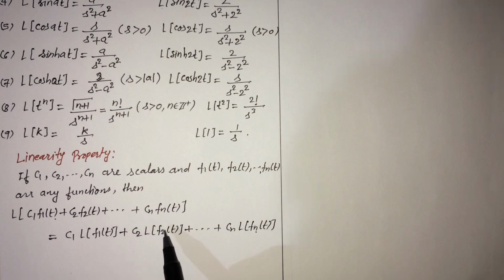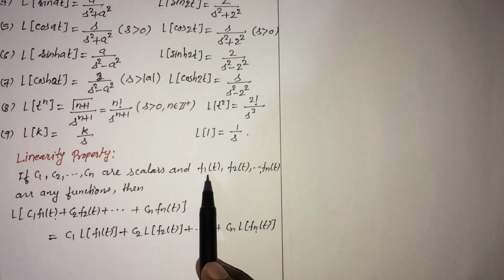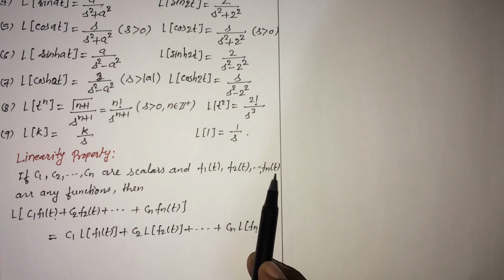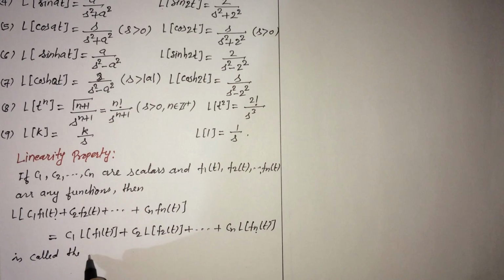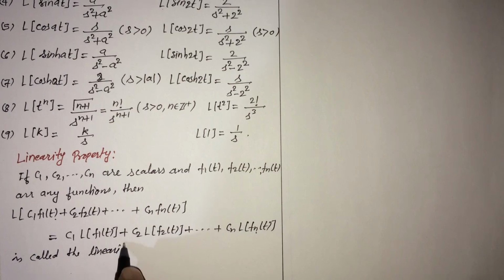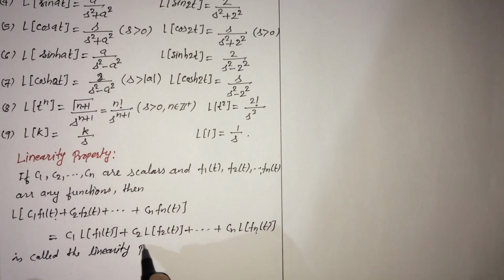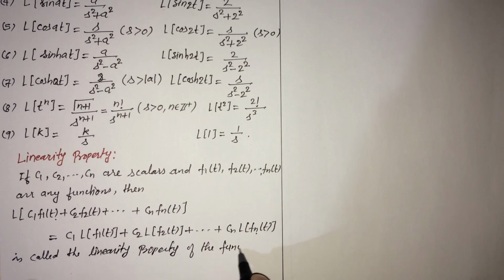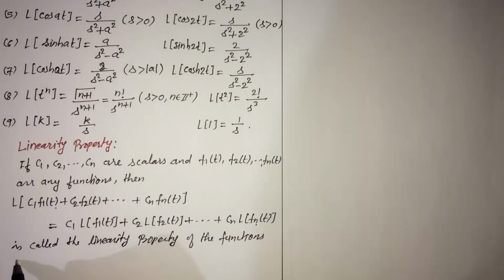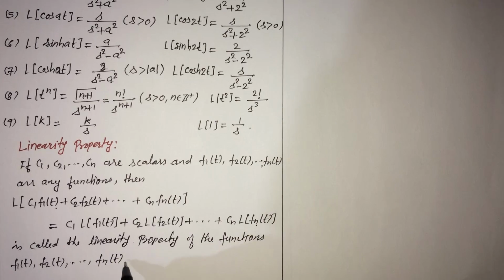This property is called the linearity property of the functions f1 t, f2 t up to fn t.